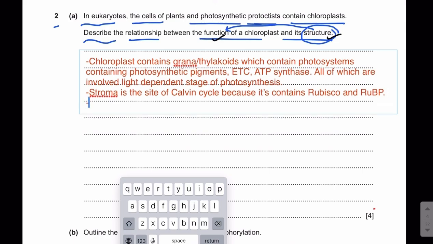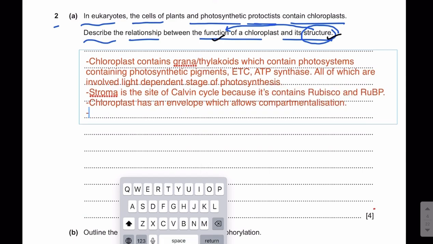We can also mention that chloroplast has an envelope, which means chloroplast has double membrane, right? Chloroplast has an envelope which allows compartmentalization. All right.